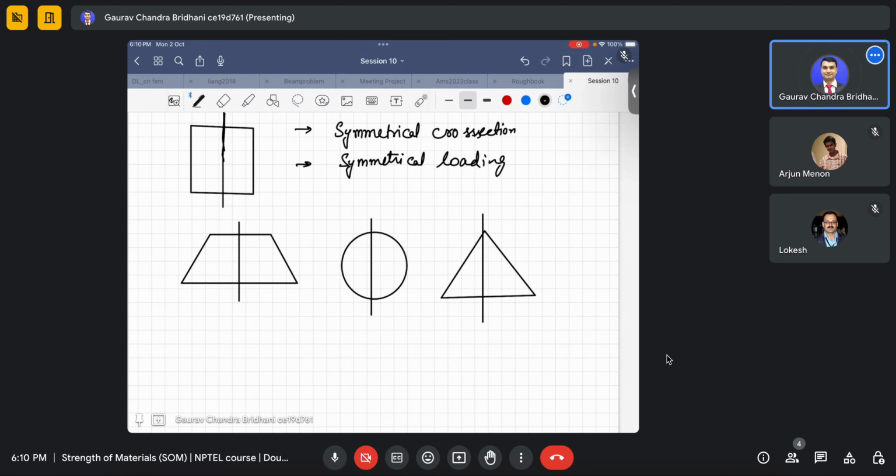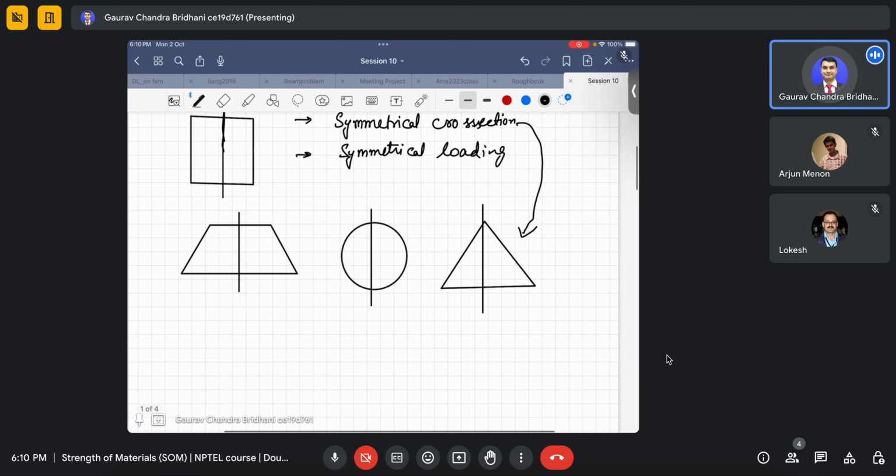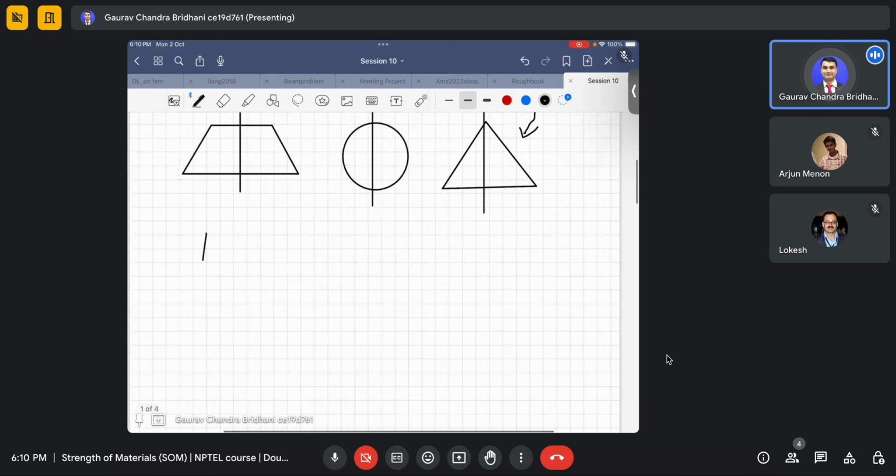Another thing is symmetrical loading. Suppose I take a rectangular cross section, something like this, and suppose this is a line of symmetry. I will call this the z axis, this the y axis, and this is the centroid as well as the origin.